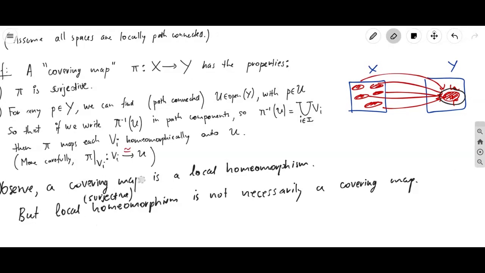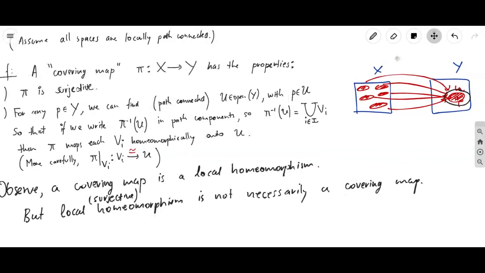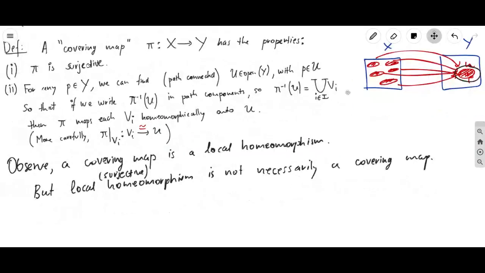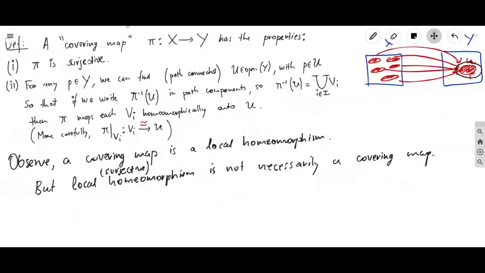Because of this, covering maps are local homeomorphisms, but not necessarily the other way around. So this is the notion of a covering map. Historically, it appeared in complex analysis. That was the first place where it appeared. And then covering maps have appearances all across mathematics. You see them in topology, like what we're doing. You see them in complex analysis, specifically when you deal with Riemann surfaces.